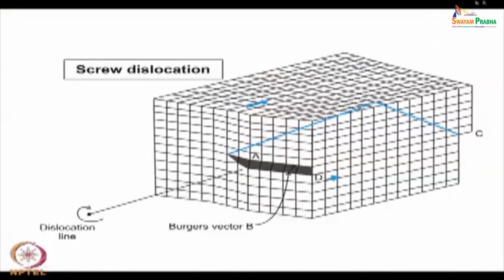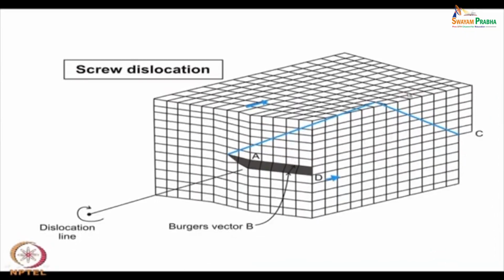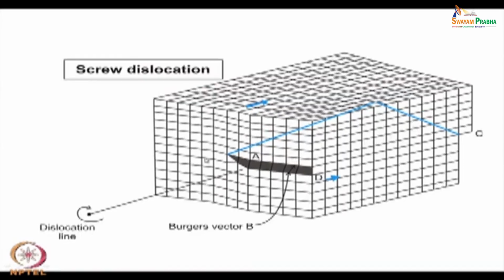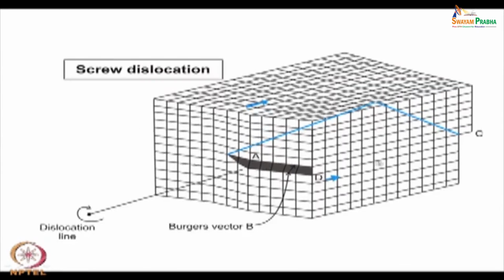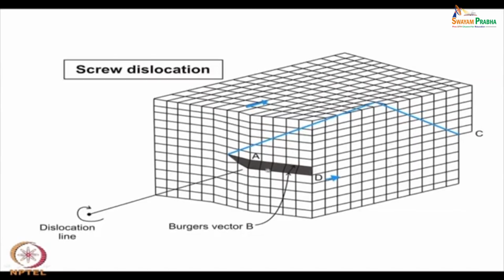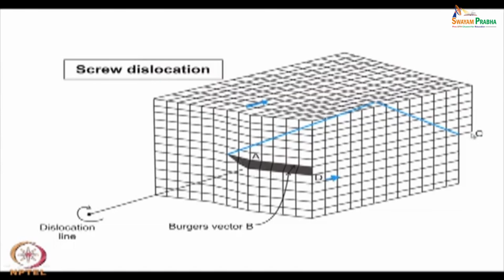Here you can see we are applying stress in this direction, the boundary is also along the same direction, because the unslipped portion is in the back and the front portion is the slipped portion. So, this black part here is the formation of a step, and there a corresponding step has already formed.